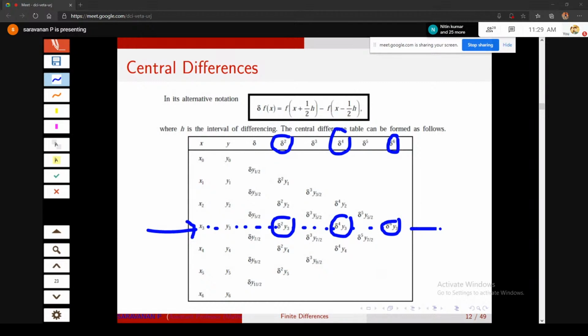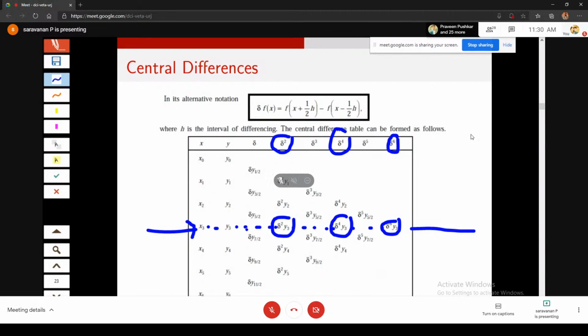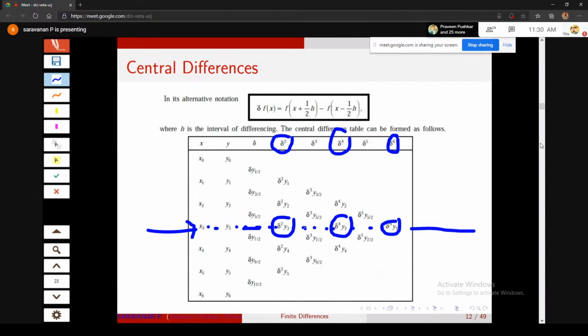Similarly, you will get delta power 5 y3, etc. But in the odd powers, there will not be any value here. Here, there are no values. So that's why at the center we are getting the same subscript, right? Suffix. So y3, y3, y3, y3, etc. So it is called central difference operator.